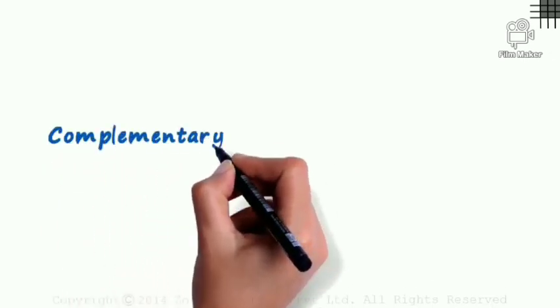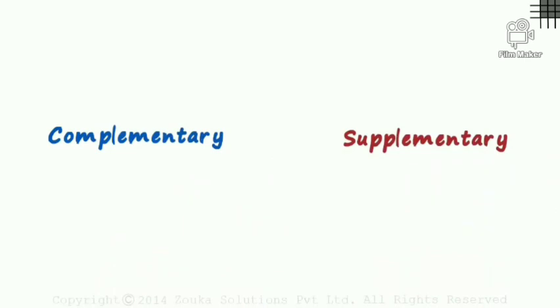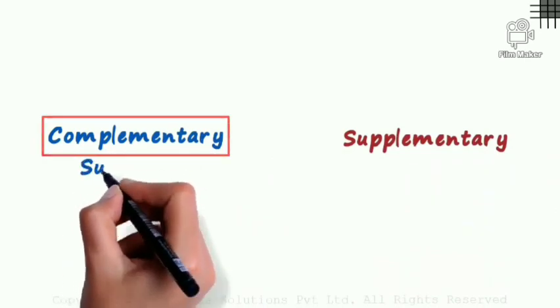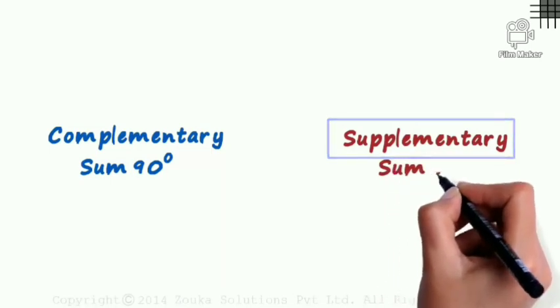Okay, children, now you will see examples of pairs of angles with figures. There are a few pairs of angles in geometry, mainly complementary and supplementary. Let us see the meaning of complementary angles. Angles are said to be complementary when their sum is 90 degrees.